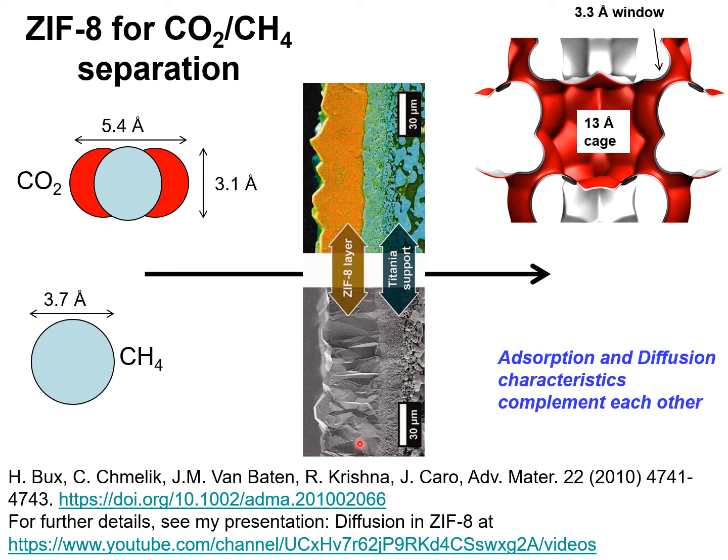Typically, the membrane would be constructed of thin layers of about 50 microns on a support, which is macroporous, in this case, say, a titanium support. And ZIF-8 is a good choice for separation of mixtures of, say, carbon dioxide and methane, carbon dioxide and hydrogen, methane and hydrogen.